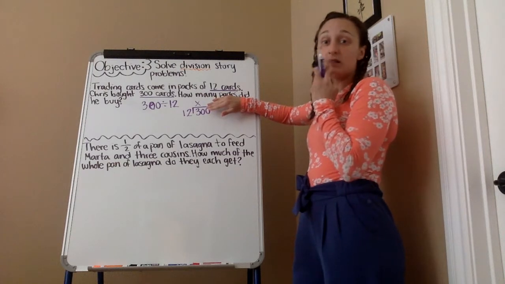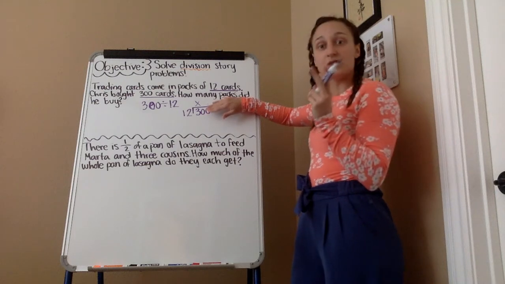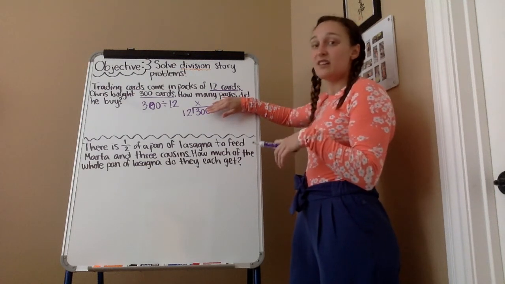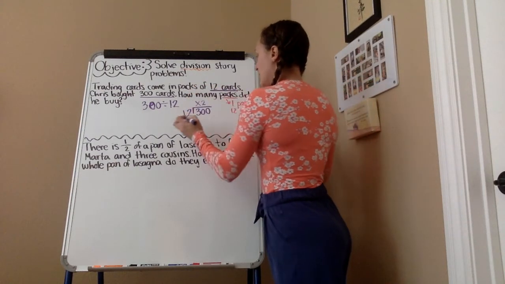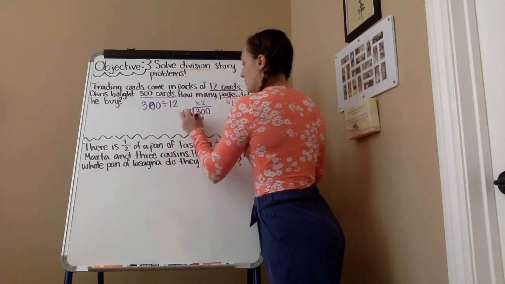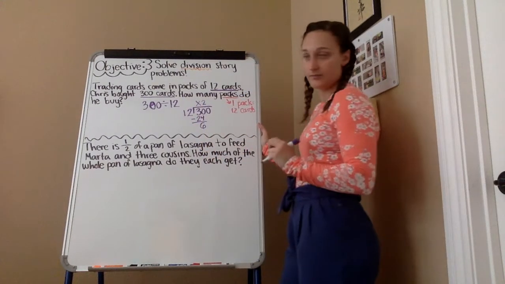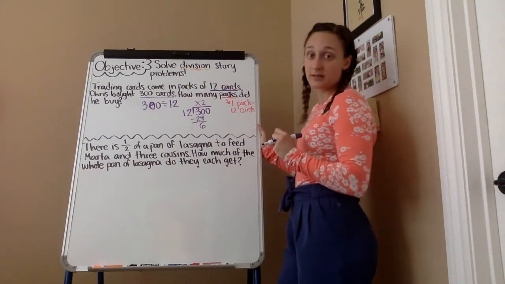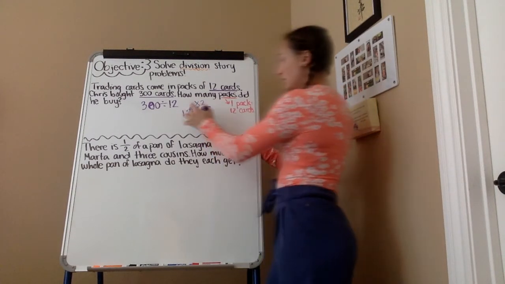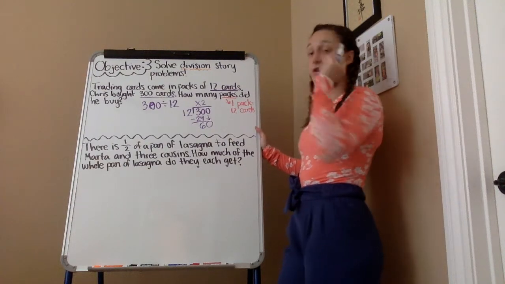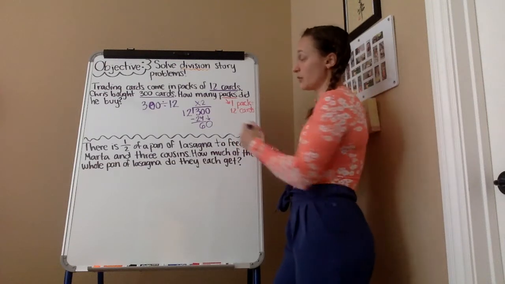But 12 can go into 30. Then I want to think to myself, how many times can 12 go into 30? Well, I know 12 times 2 is 24. If I add another 12 to that, that would be too high. So I'm going to put a 2 here and subtract 24. And that will give me 6. 12 is bigger than 6, so I need to drop down my 0. 12 can go into 60, and again, we should know our 12 math facts, but if not, you can do repeated addition until you get to the number 60.